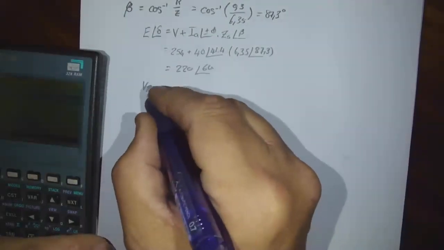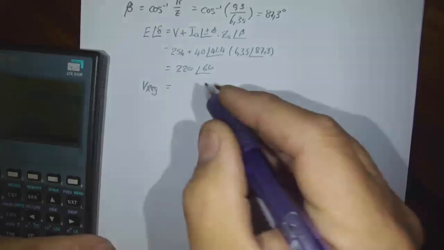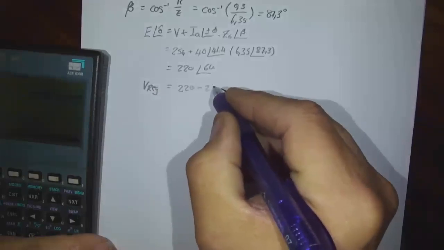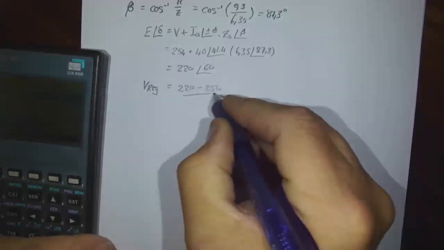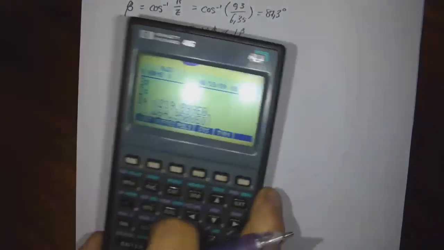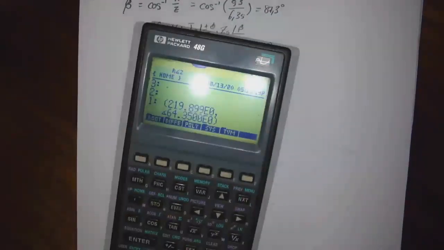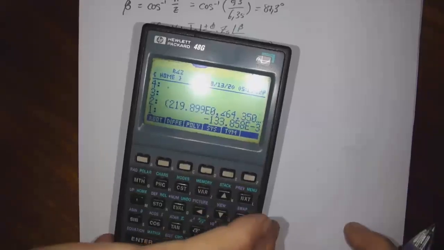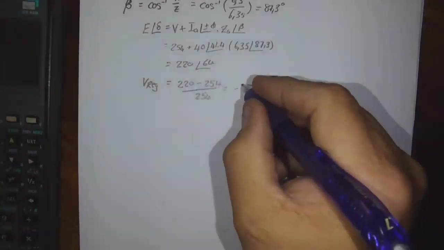So the voltage regulation is 220 minus 254 over 254. That gives us minus 13%.